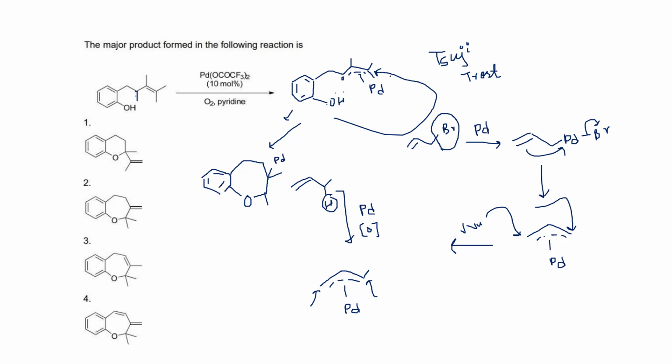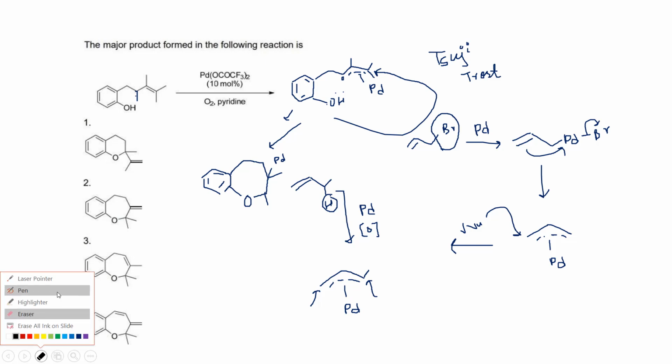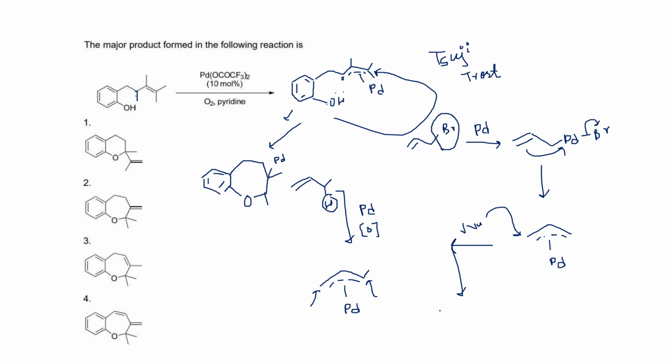If the oxygen is attacking this place, suppose the nucleophile approaches from this plane, from this side, in that case the nucleophile will form a bond here, and this double bond and palladium will form a bond here.